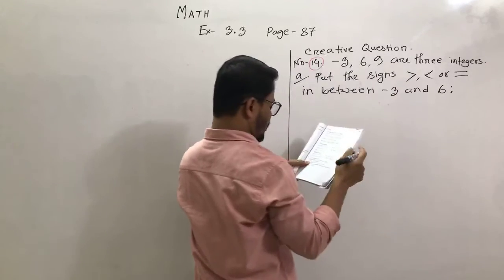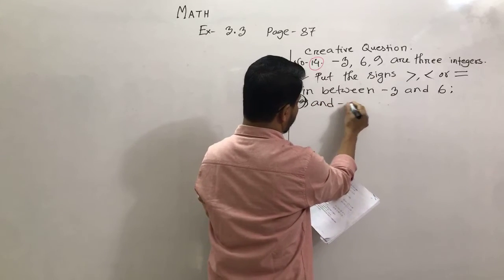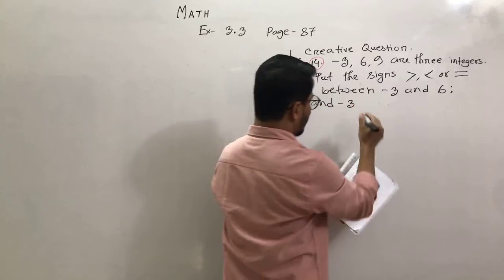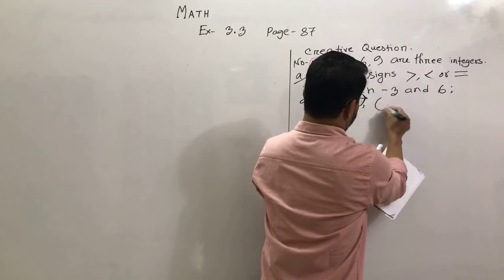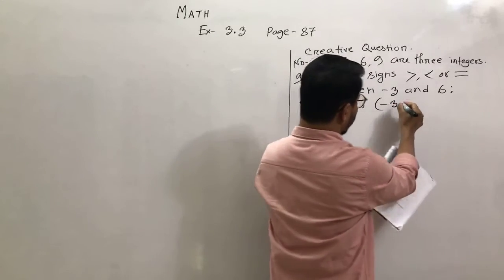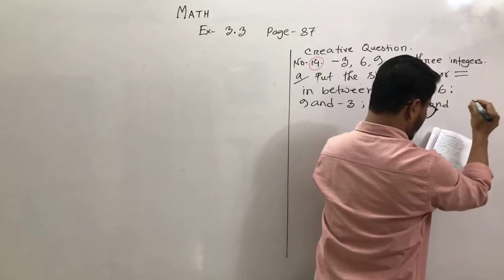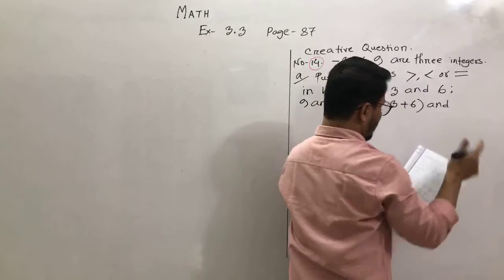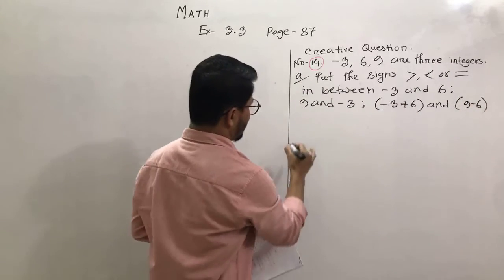The second one is 9 and -3. Next one is -3 plus 6 and 9 minus 6. This is the first question, A.